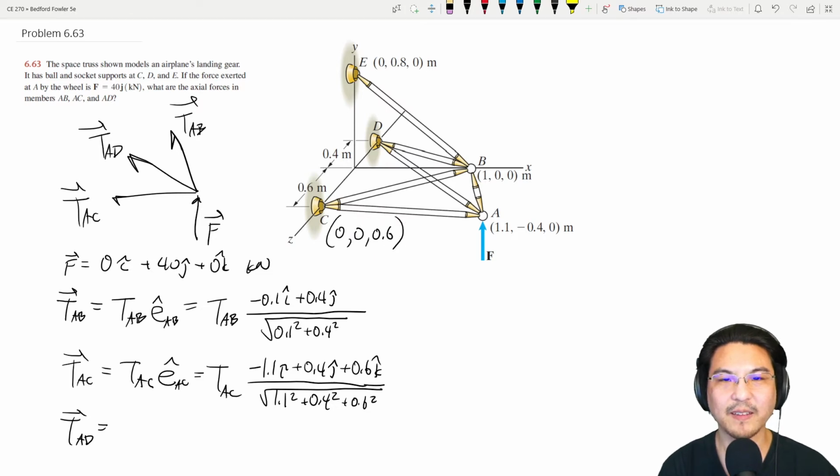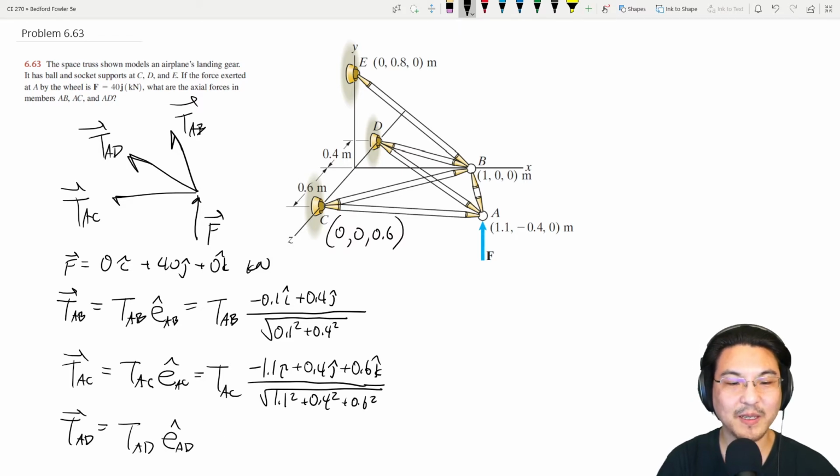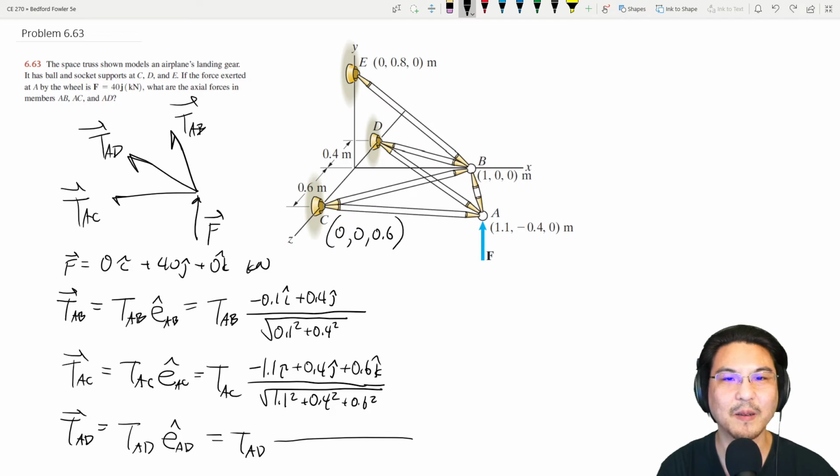And then for AD, same story: unknown magnitude, but the unit vector from A to D we could get. Where's D? Over here. D is at 0i, 0j, negative 0.4k.